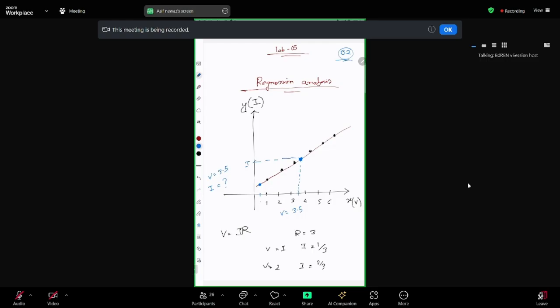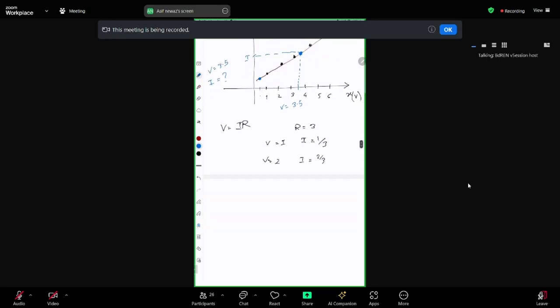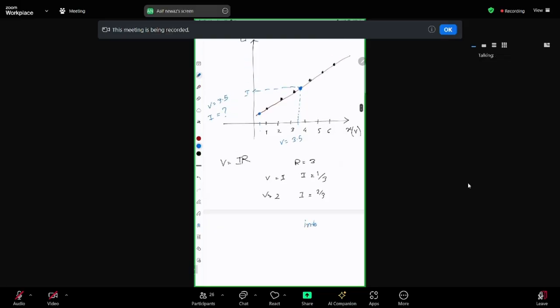Some values do not exist in the original graph, but we can still get them. This process is called interpolation. Something within the graph, I can get the value.